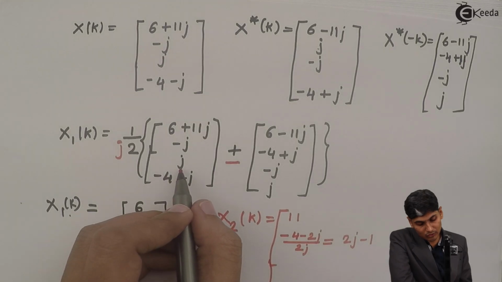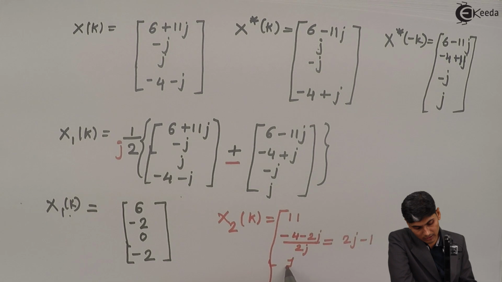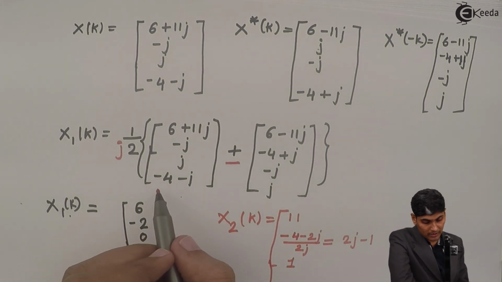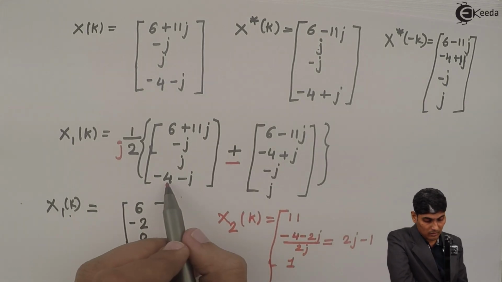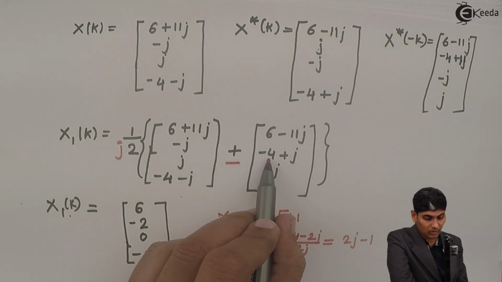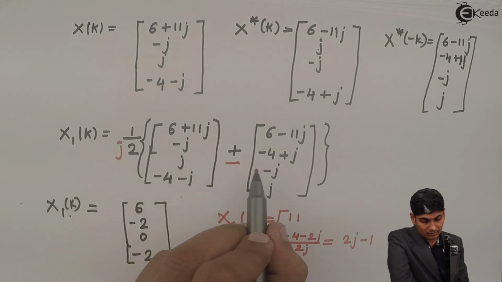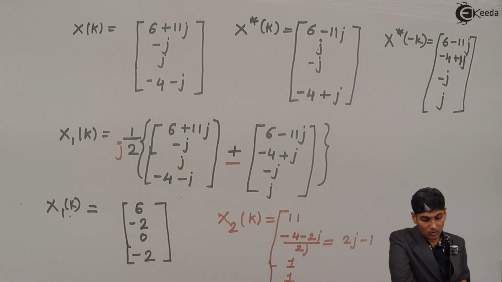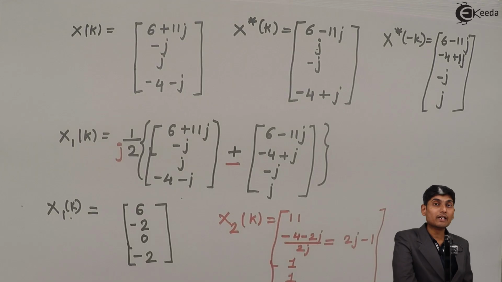Then you have j minus of minus, that is plus 2j. 2j divided by 2j will give me 1 as an answer. And finally we have minus 4 plus 4, which is 0, and then I have a minus of minus, that is 2j. 2j by 2j will give me 1 as an answer. So this is the other sequence x2 of k.